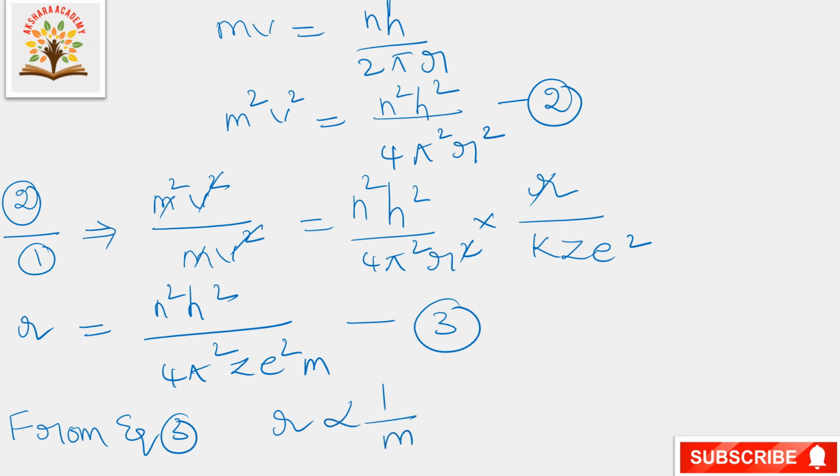So m1 is equal to m2 is equal to 150 m, r1 is equal to a0, then r2 is equal to question mark. We have to calculate r2.